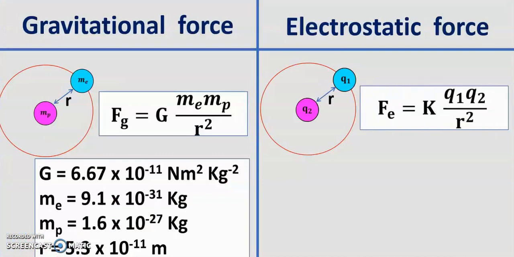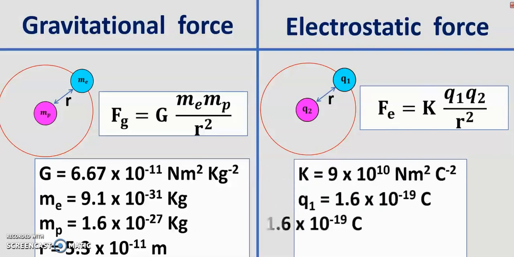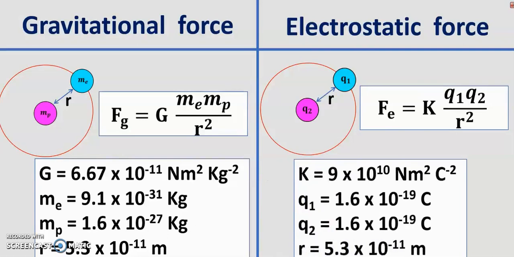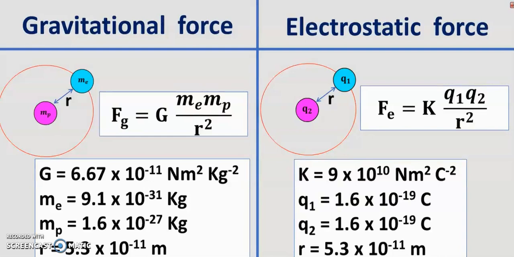In the same way, let us calculate the electrostatic force between the proton and the electron. Fe is equal to K multiplied by Q1 Q2 upon r square. Substituting the values of K, Q1, Q2 and r, we will get Fe is equal to 8.2 into 10 to the power of minus 8 Newton.